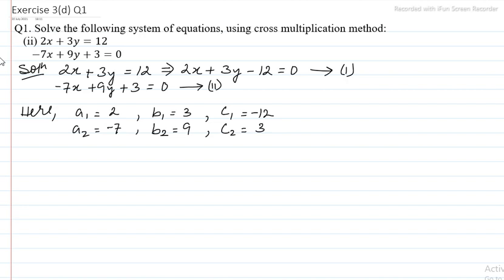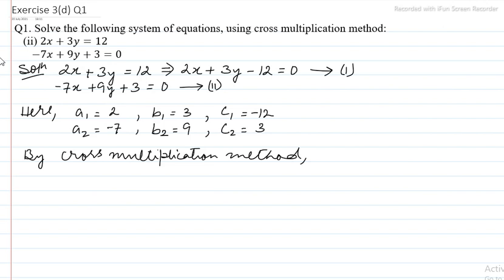Now we are going to apply the cross multiplication method. So first we are going to write by cross multiplication method.